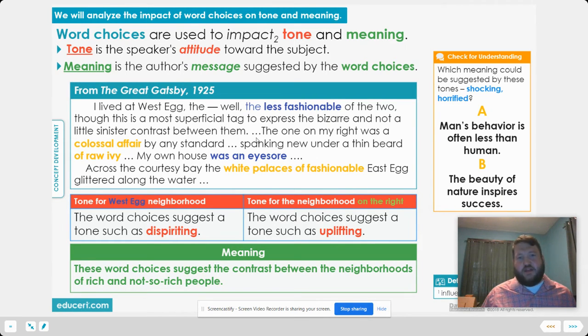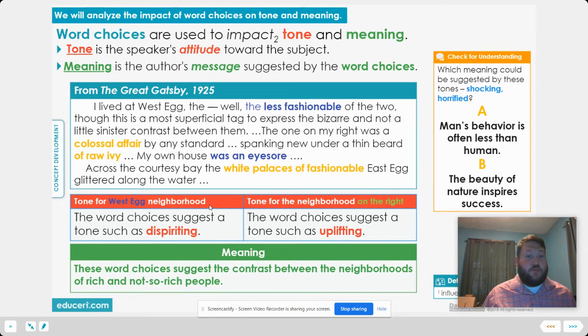Right off the bat, taking a look at the words used to describe this particular neighborhood, it's pretty obvious that our tone here is not great, right? "Dispiriting" is the one used here, which I would definitely agree with. "Gloomy," anything like that would probably work.